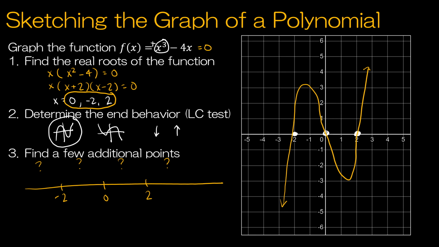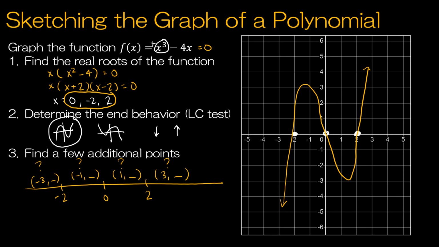So what if I plug in the point negative 3 and see what's the y value? And what if I plug in negative 1? And positive 1? And positive 3?